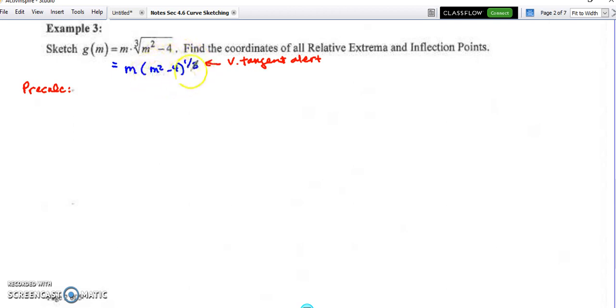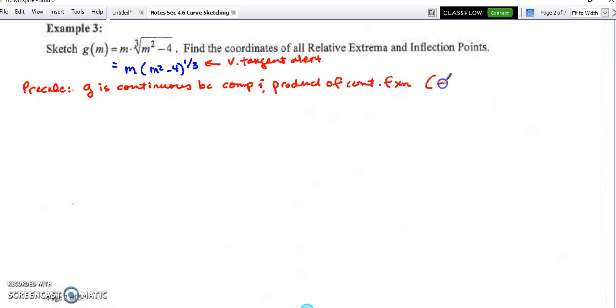So we have the composition of continuous functions times a continuous function. So we have these combinations of continuous functions, which means that g is going to be a continuous function because it's the composition and product of continuous functions.